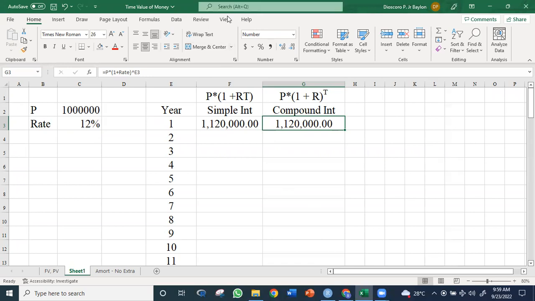Okay, let me pause for a while once again, and then request your chat if you were able to get the answer 112000 for the compound interest. Okay, good. Good, thank you.